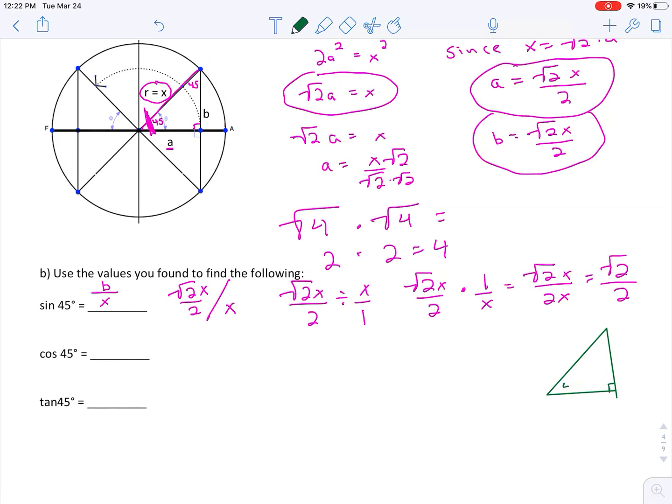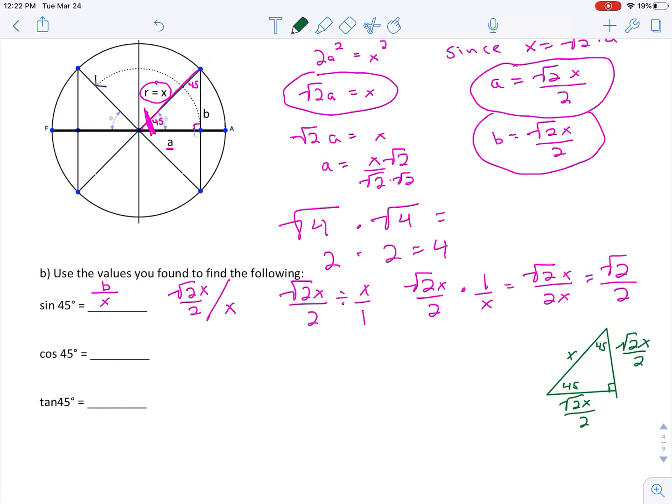So I have my triangle and I've determined that it is a 45, 45, 90 triangle, and we stated the hypotenuse as x. We then said that the side lengths were the square root of 2x over 2.